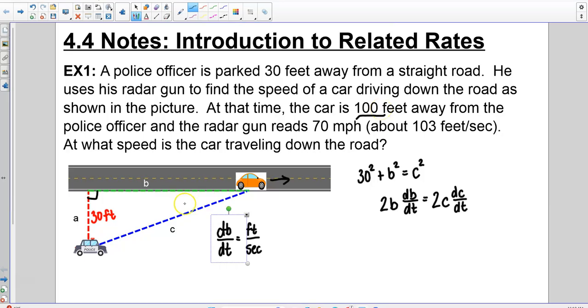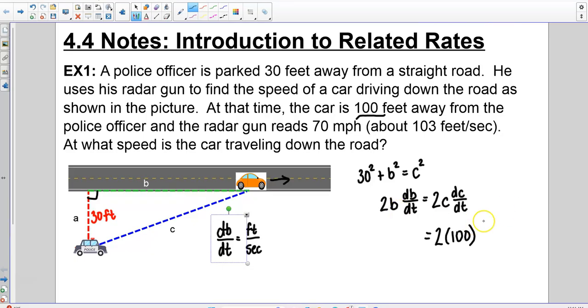So 100 feet is C. So I'm going to have 2 times 100. And the speed of the car, the speed of the car is dB/dt. The radar gun is seeing how fast the car is moving away from the radar gun.